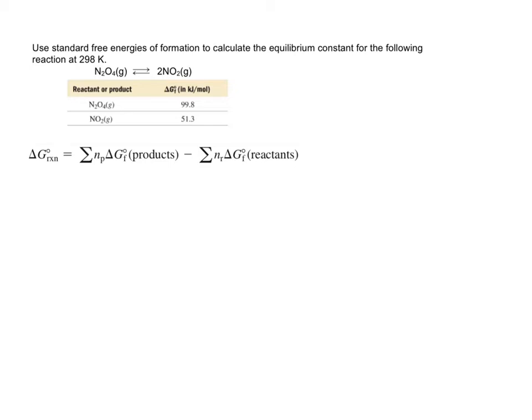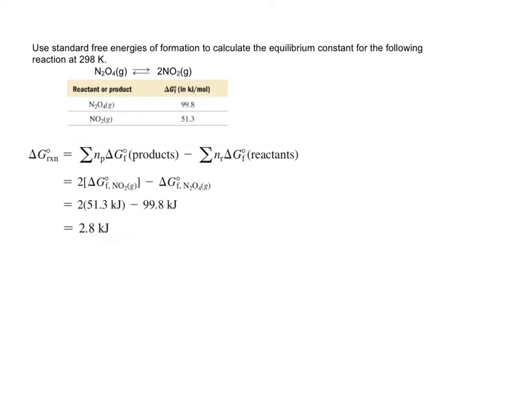So here we have 2 times the delta G of formation for NO2, which is 51.3, minus 99.8, which is the delta G of formation for N2O4. That gives us a delta G for this reaction of 2.8 kilojoules.